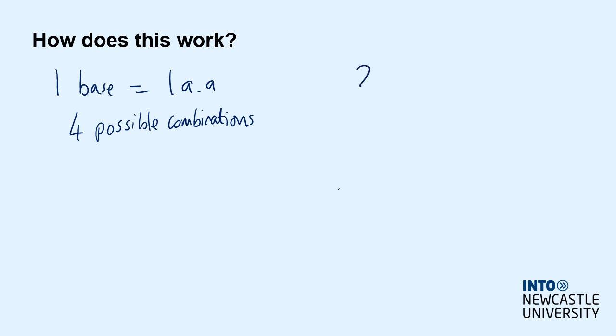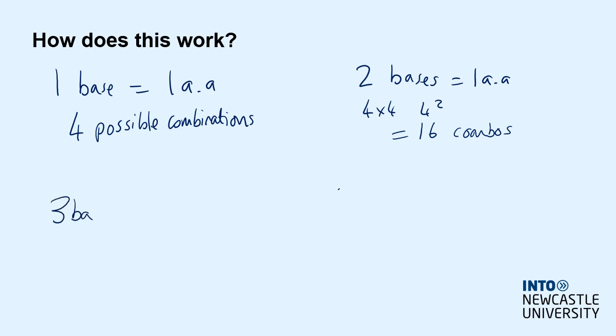You can do some maths, so then you can say, what about 2 bases to code for 1 amino acid? Now we get more here. We get 4 times 4, or 4 to the 2, and that gives us 16 combinations. Now it's still not enough, because we've got 20 amino acids that we need to code for. So what about 3 bases to give an amino acid?